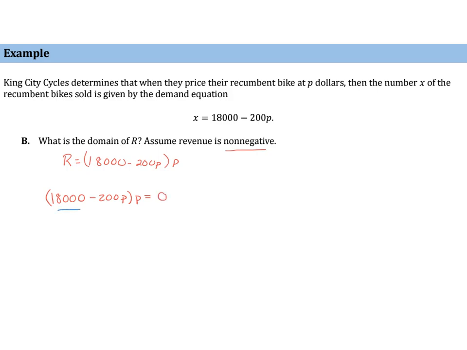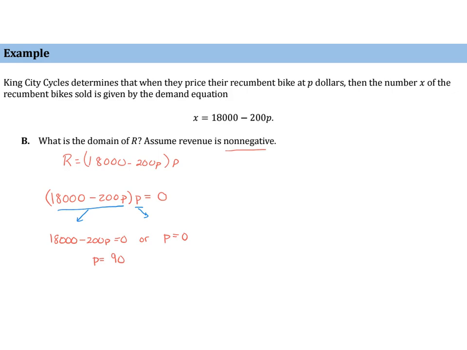Well, we have two factors multiplied together to give 0. That's only true if one of two things happens: 18,000 minus 200p equals 0, or p equals 0. So if we solve, we get p equals 90, or p equals 0.